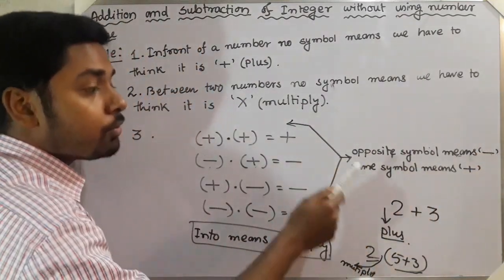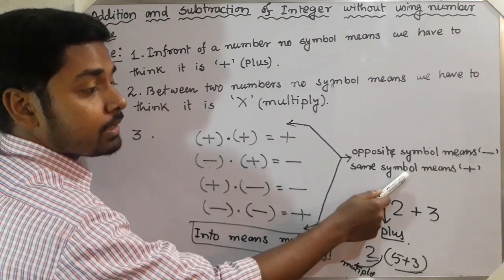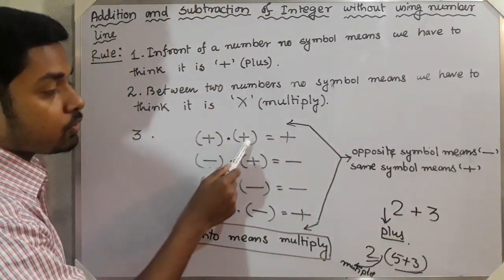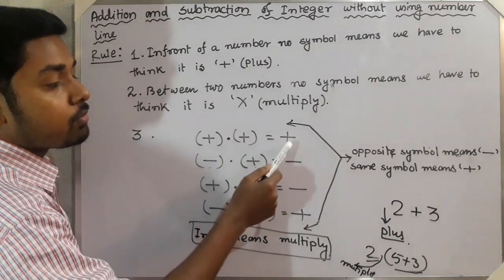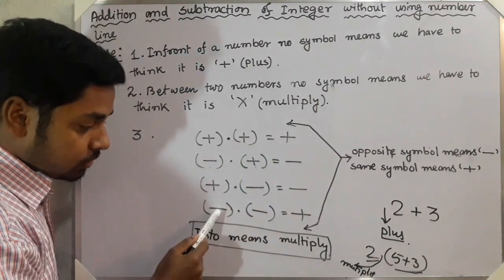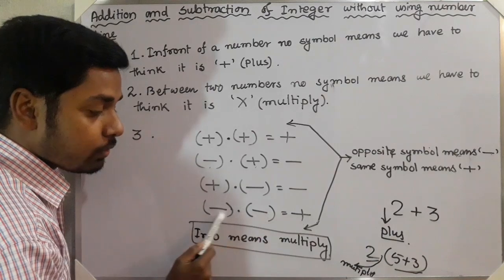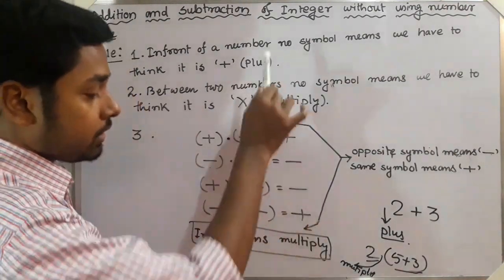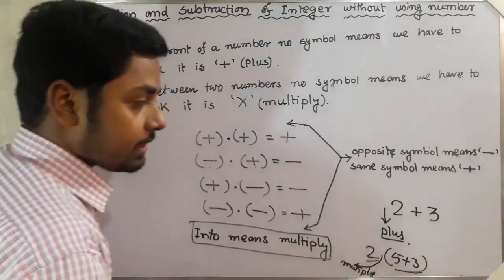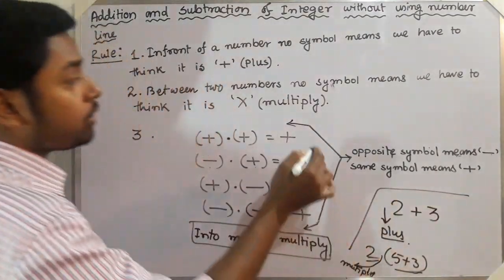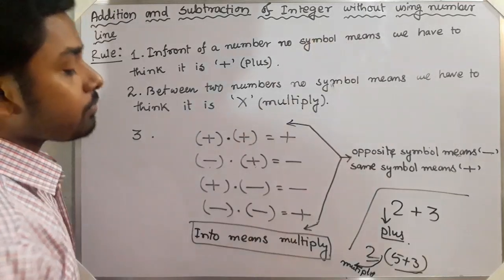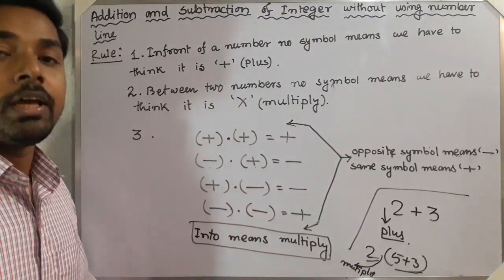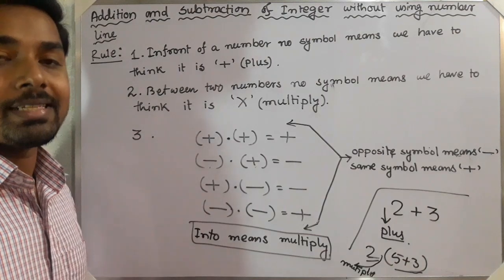And whenever we multiply the same symbols, we get plus. Plus into plus, same sign, gives plus, and minus and minus, same sign, also gives plus. These are the examples I have given to help you understand the rules. First of all, pause the video to note it down, then we will proceed to our examples.